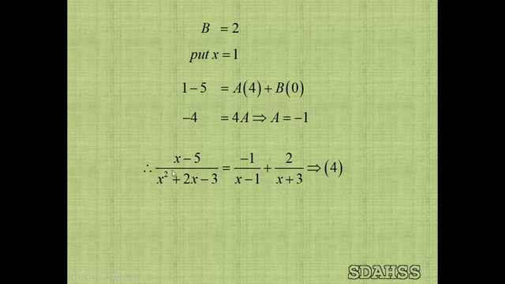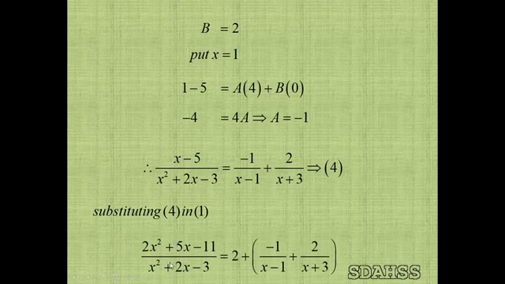So the second equation becomes x minus 5 divided by x square plus 2x minus 3 is equal to minus 1 divided by x minus 1 plus 2 divided by x plus 3. Mark it as fourth equation. Substitute fourth equation in the first equation.